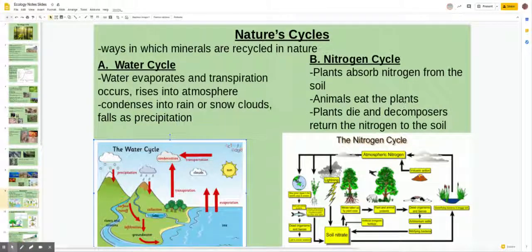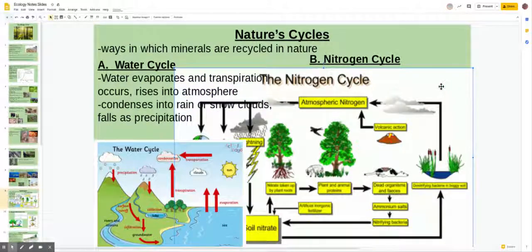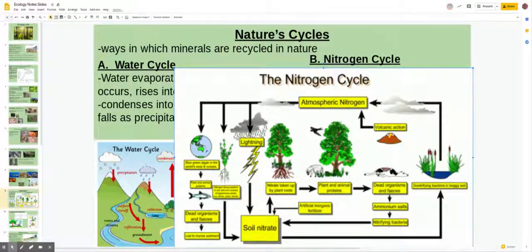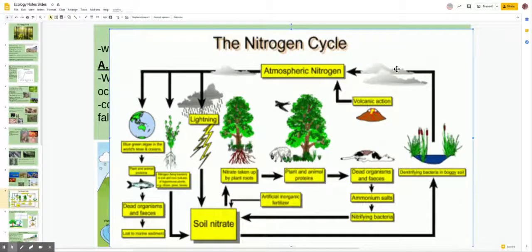The nitrogen cycle is the cycle that shows the movement of nitrogen in the form of plants or other organic compounds through our food systems. All right, and it really is a result of, here we go, as I move this towards the front, it's a result of two important facets.